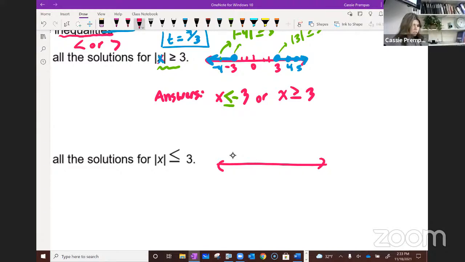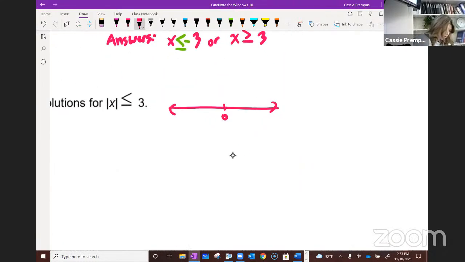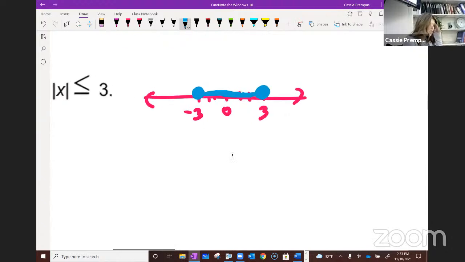Katie, can you tell me what you had shaded? Ooh, I love what she said. She said "and." She had everything from -3 and everything less than 3. Awesome. I saw a lot of you guys have this shaded, which is great.